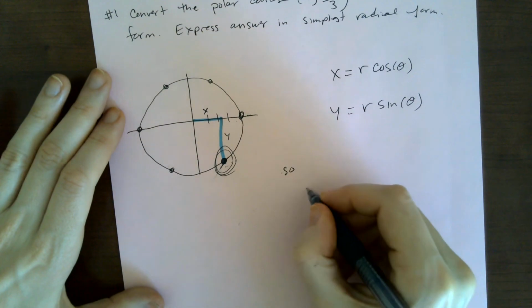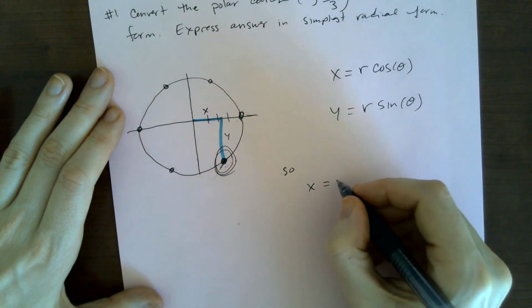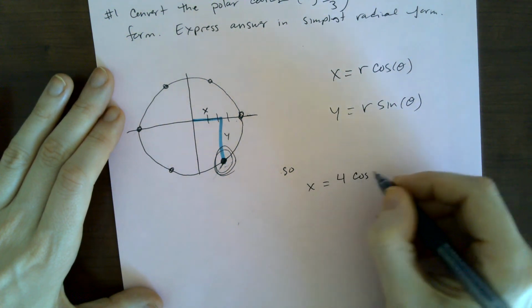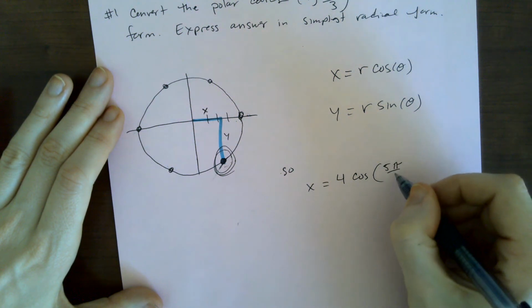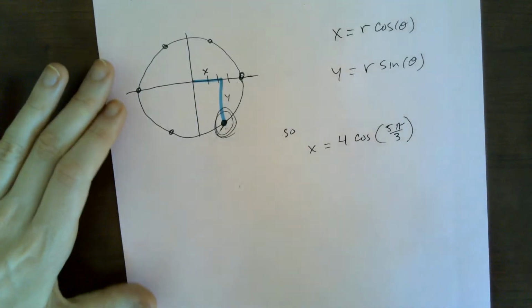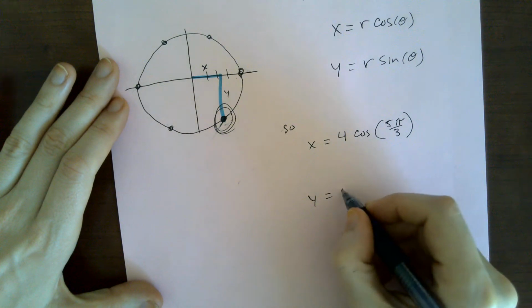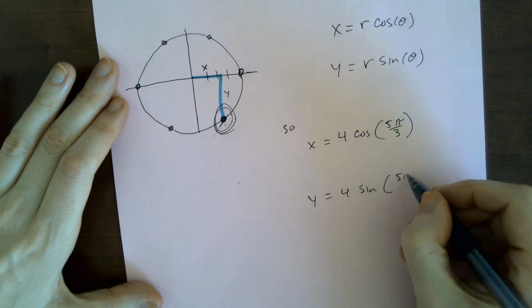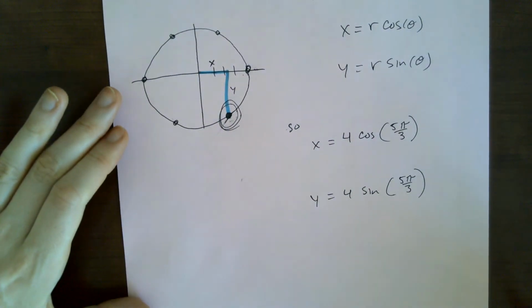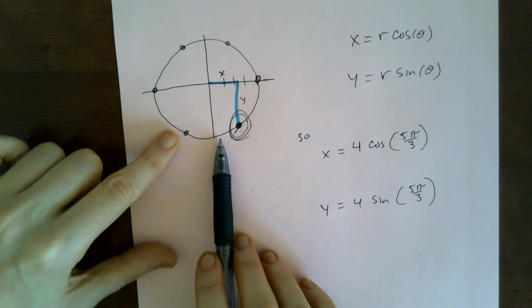So x is going to be 4 cosine of 5π/3. Okay, and then y is going to be 4 sine of 5π/3. Now, I'm not going to use the same circle.